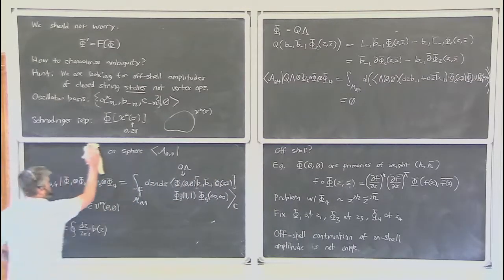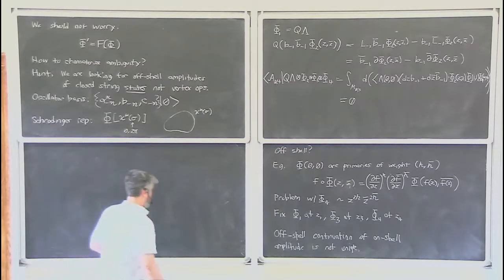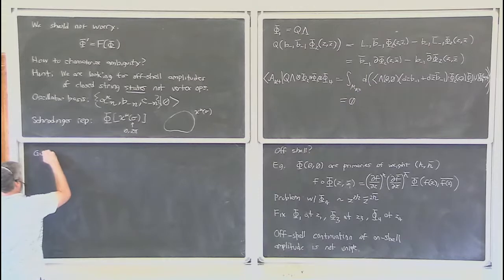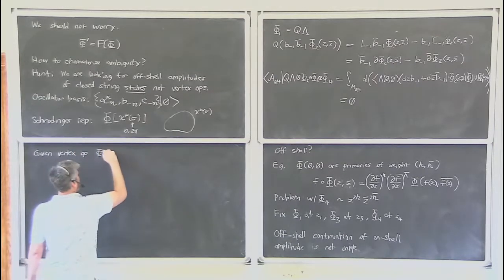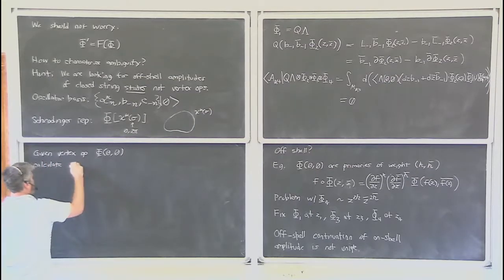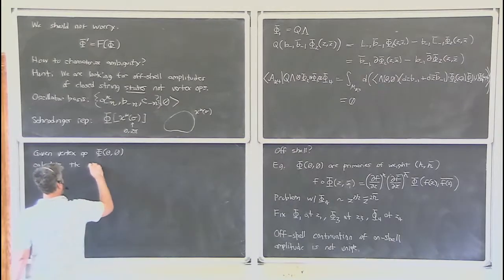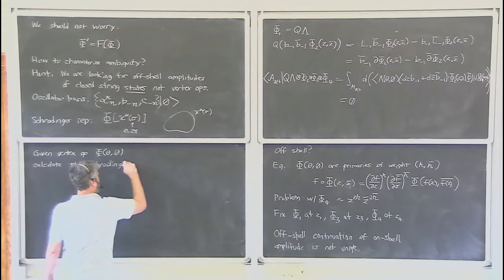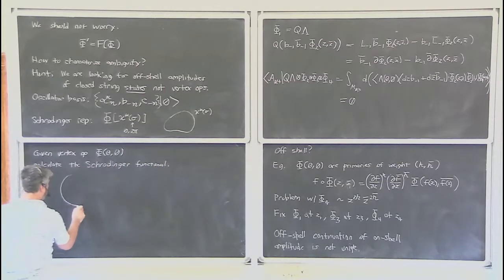So let's think about this Schrodinger representation for a minute. Given a vertex operator phi of 0, we can calculate the Schrodinger functional by evaluating a path integral on the unit disk with our vertex operator inserted at the origin.